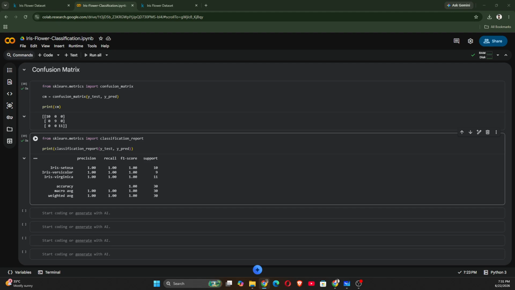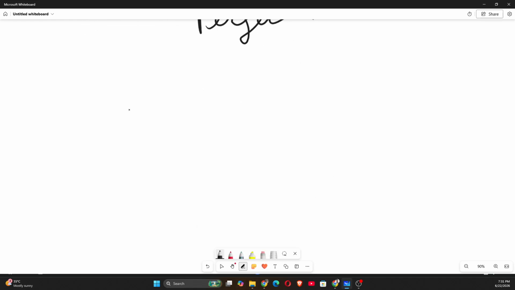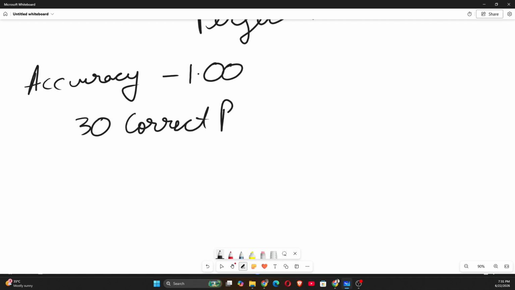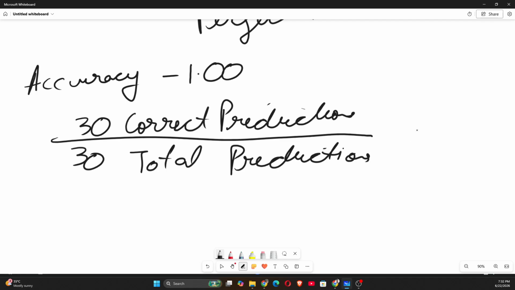Accuracy is coming as 1.00, meaning 30 correct predictions divided by 30 total predictions, which is equal to 1.0 or 100%.